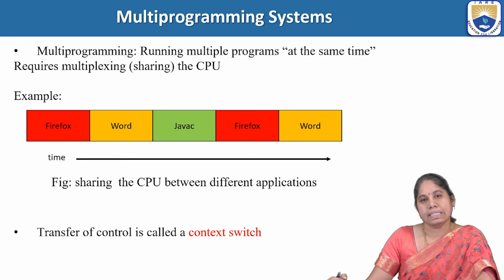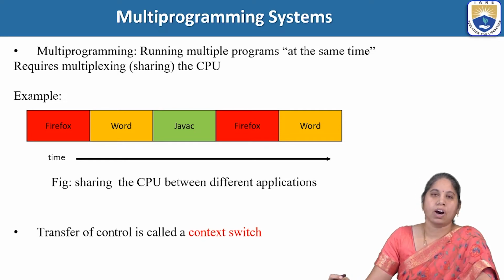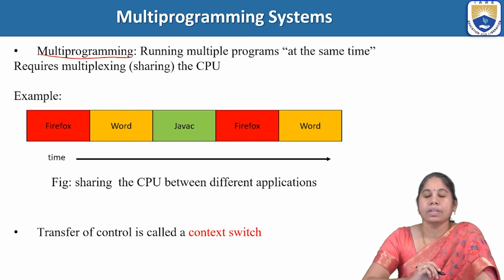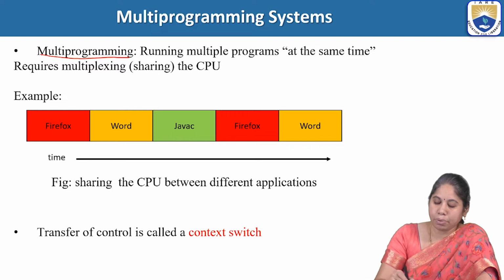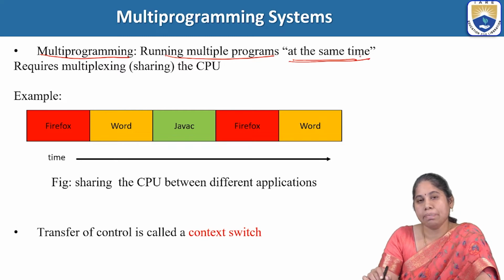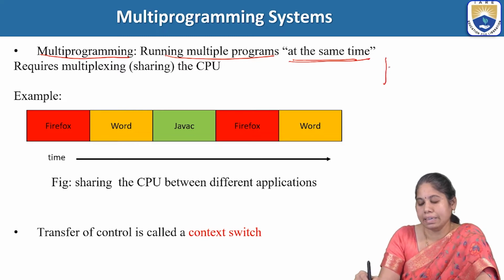Now come to the second type of operating system, multiprogramming operating systems. The word itself gives the meaning: multiprogramming means running multiple programs at the same time, that is, in parallel.